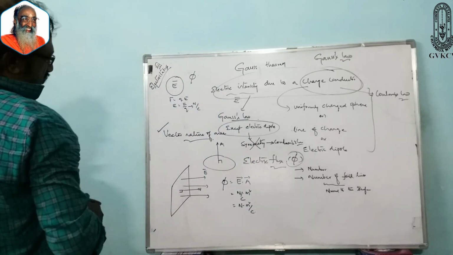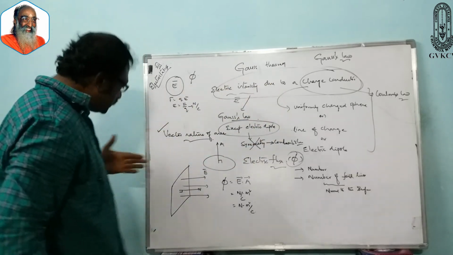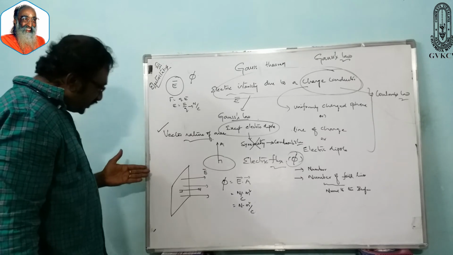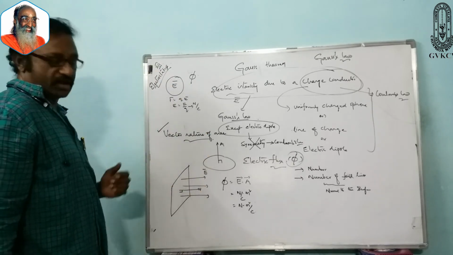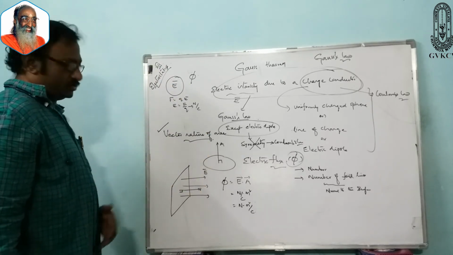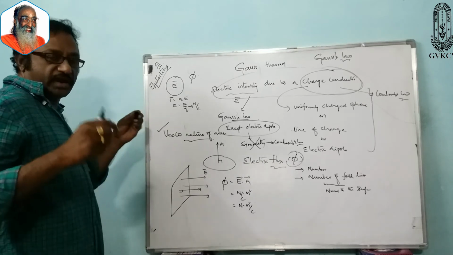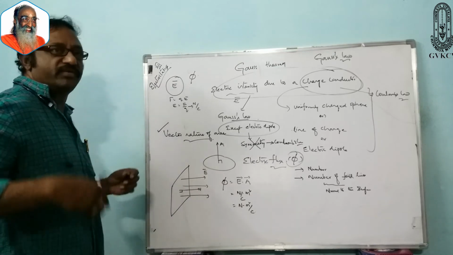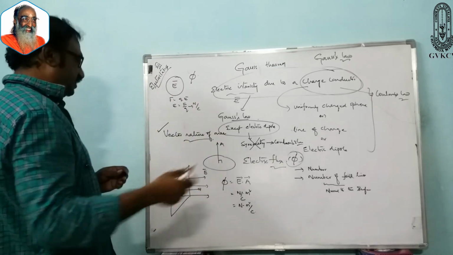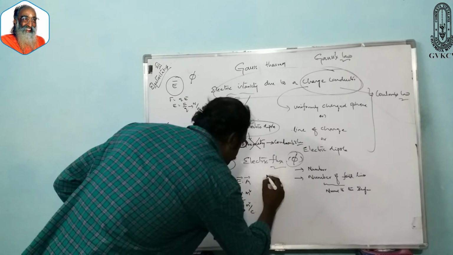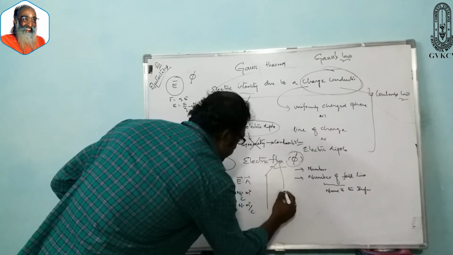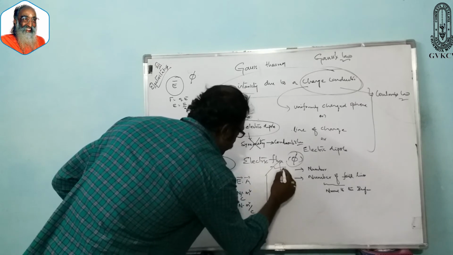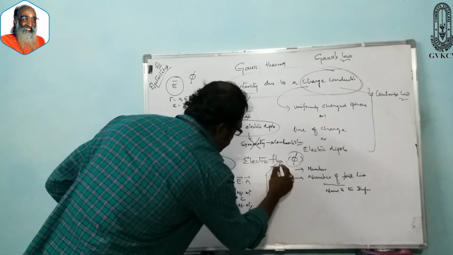All the time we cannot say the electric field is in the direction of the normal, that means in the direction of the area vector. It may not always be parallel to the normal; it may have some angle other than this. Suppose your surface is like this, your normal is like this, and your electric field is in this direction.